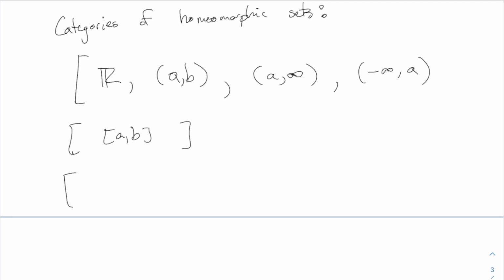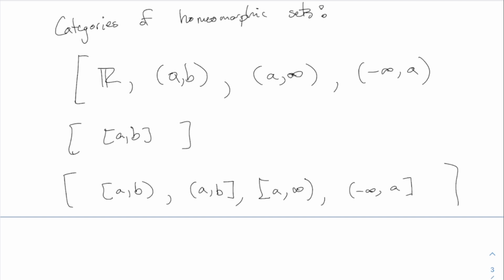And then the third category would be something like this, A to B with only one endpoint, or A to B with the other endpoint, or A to infinity, or minus infinity to A, like that. All right. So when it comes to intervals in R, there are basically 3 categories in terms of what things are homeomorphic to one another.